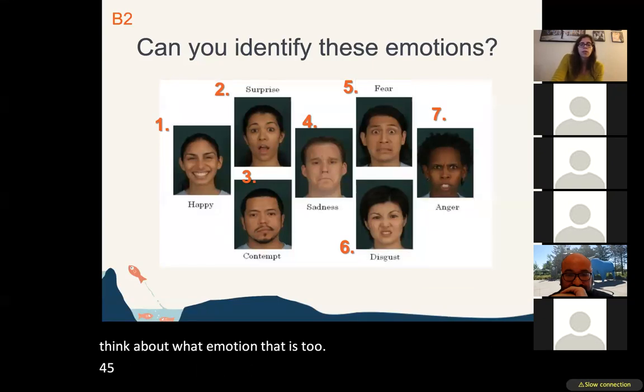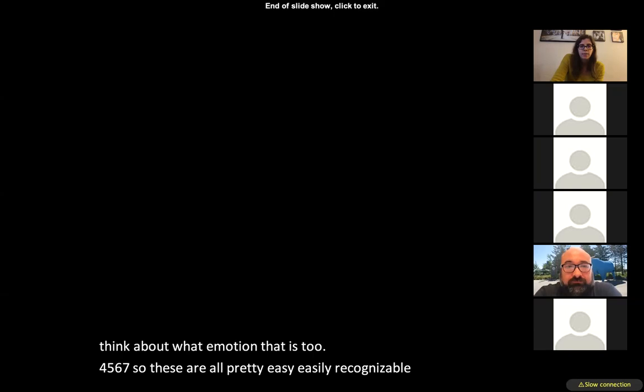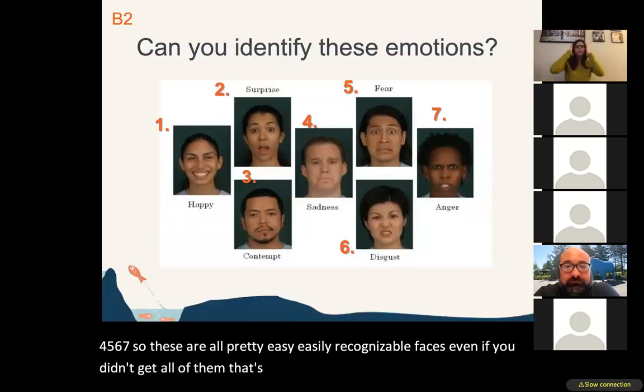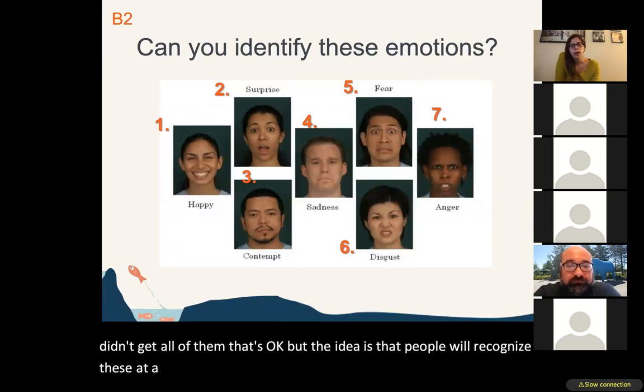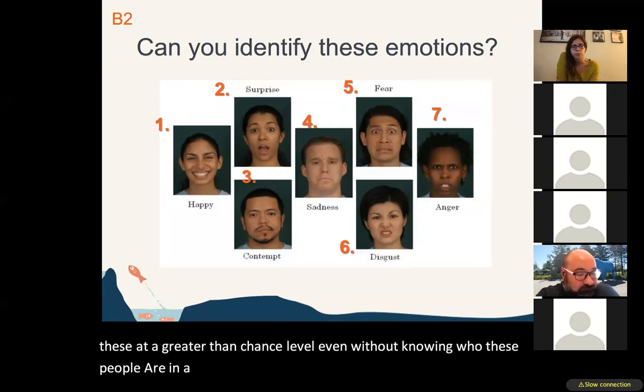So these are all pretty easily recognizable faces. Even if you didn't get all of them, that's okay. But the idea is that people will recognize these at a greater than chance level, even without knowing who these people are and in different cultures and things like that.